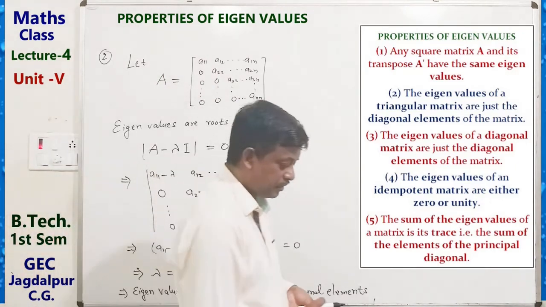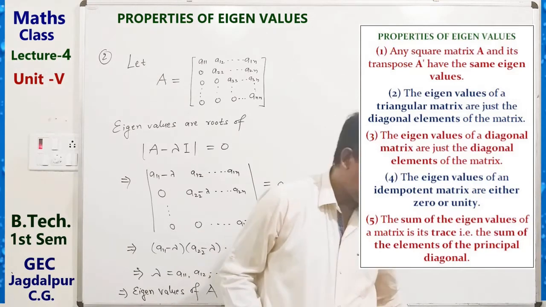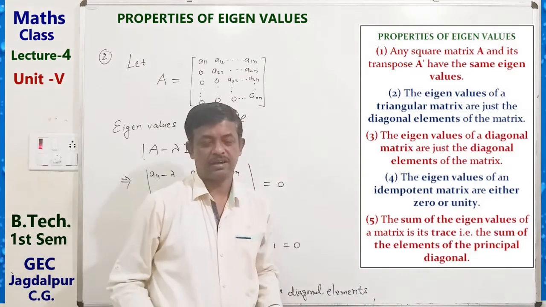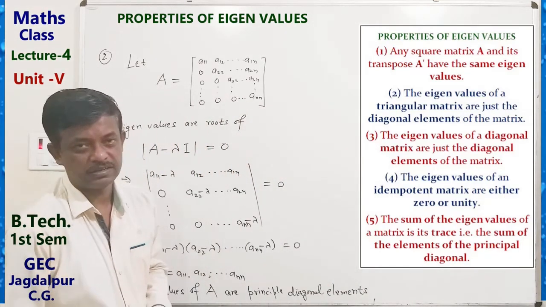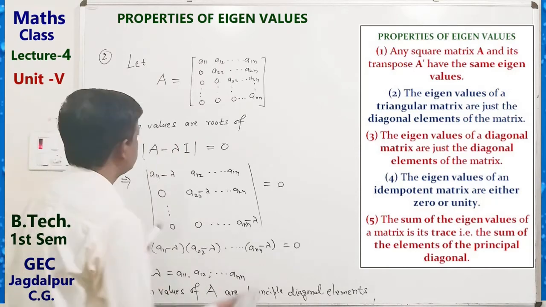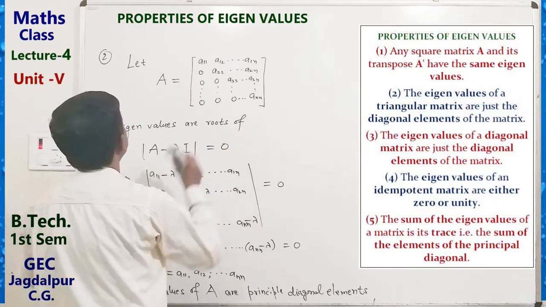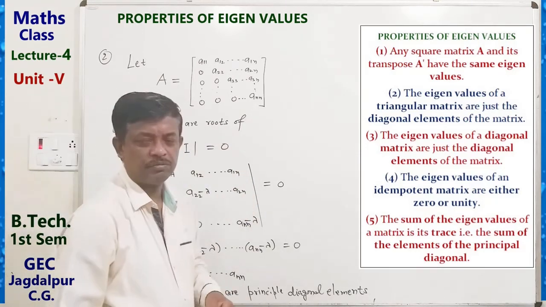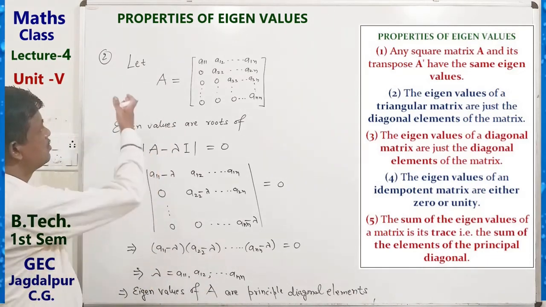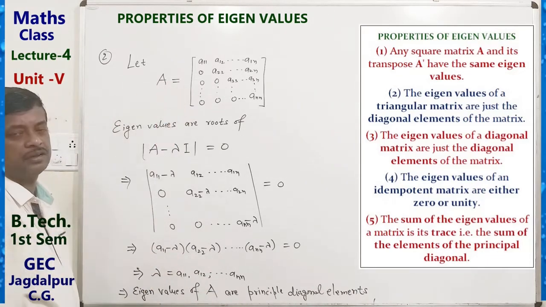Third property: eigenvalues of a diagonal matrix are the diagonal elements of the matrix. So diagonal, it is very simple. It can also be proved, just see it.